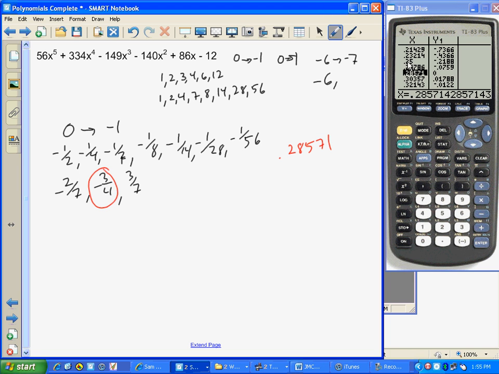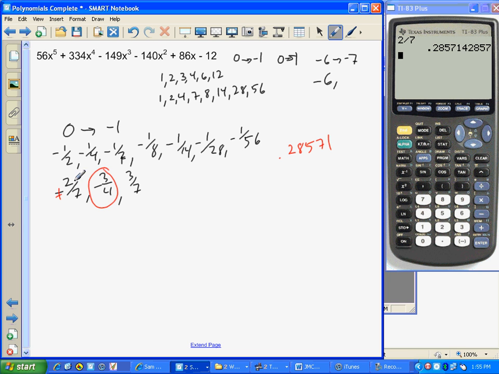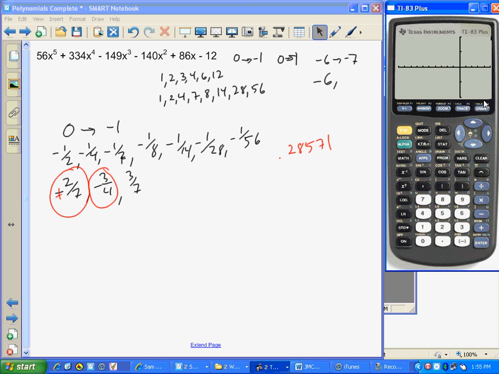That's a little bit bigger than a fourth and less than a third. So I'm thinking it might be a seventh because I'm getting a weird decimal. So let's try some of our sevenths here, 2/7 and 3/7. There's 2/7. So positive 2/7 is another one. So we found two there.